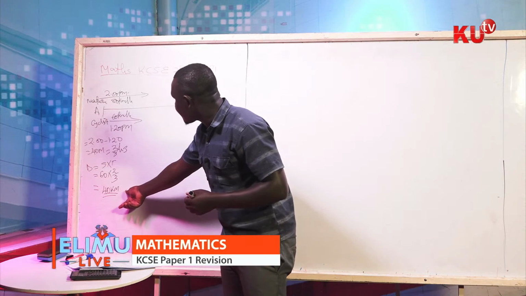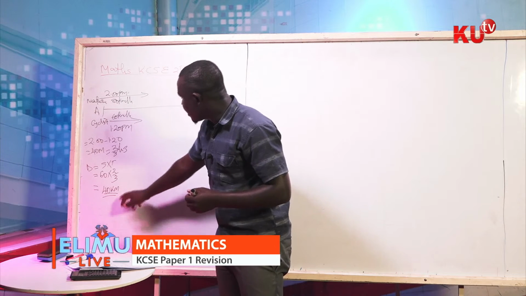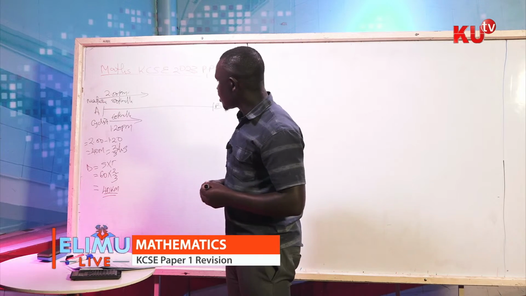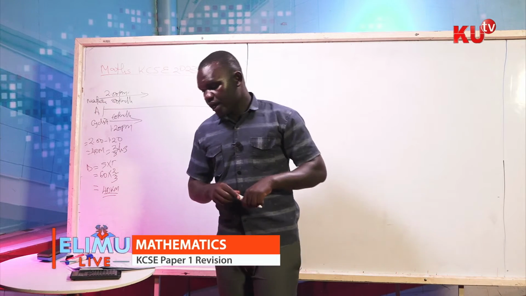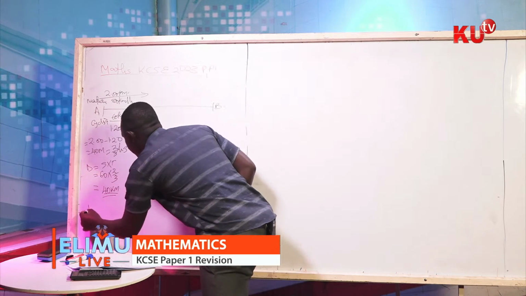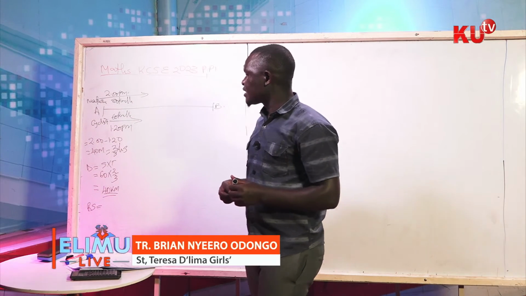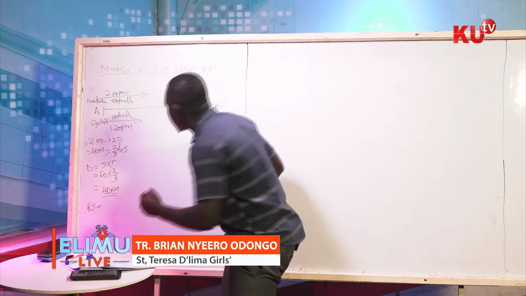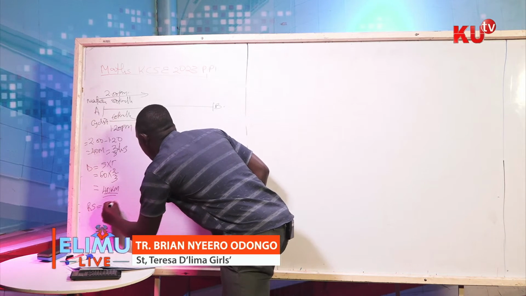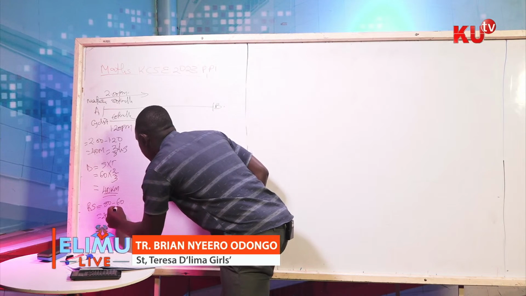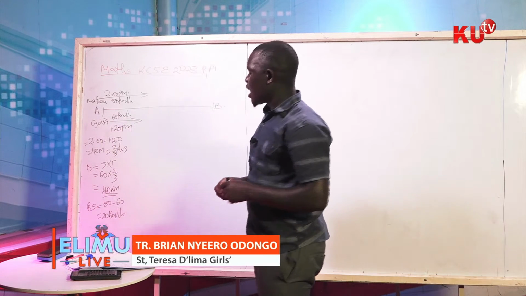The distance covered by the cyclist by 2 p.m. was 40 kilometers. So we go ahead first and get the relative speed. For bodies moving in the same direction, you simply do subtraction. So this is 80 less 60 to give you 20 kilometers per hour.